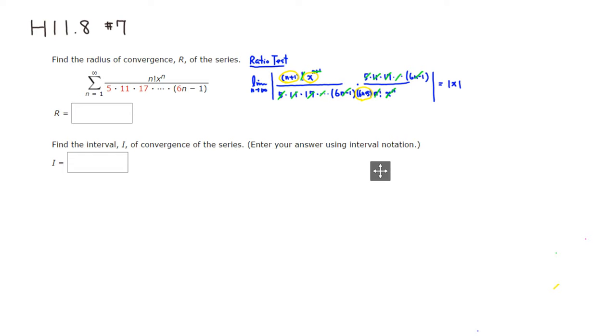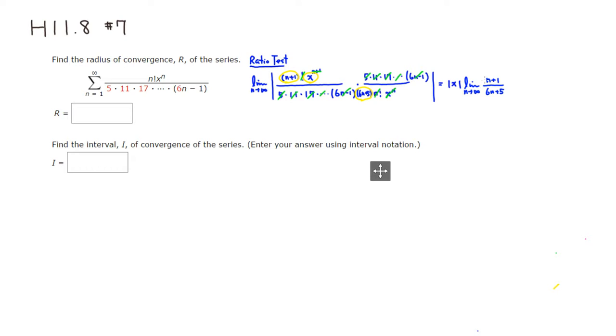So you have the limit as n approaches infinity of (n plus 1) over (6n plus 5).